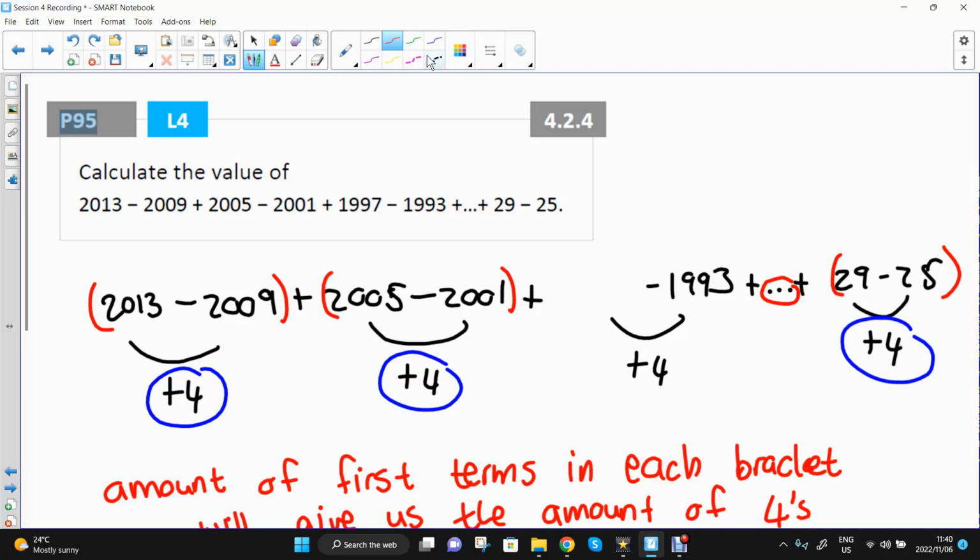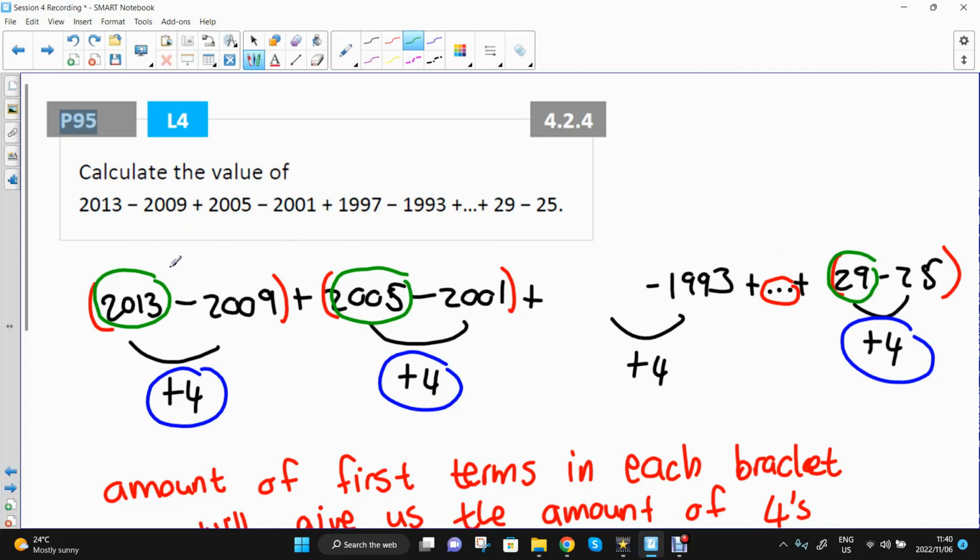Now the quickest way to do this is to look at the first term in every bracket. You see, the first term in every bracket will be the same amount of 4s in every bracket. So if that is term 1, that is going to be my first 4. If that is term 2, I now have 2 4s. So we just need to figure out how many of these first terms do we have.